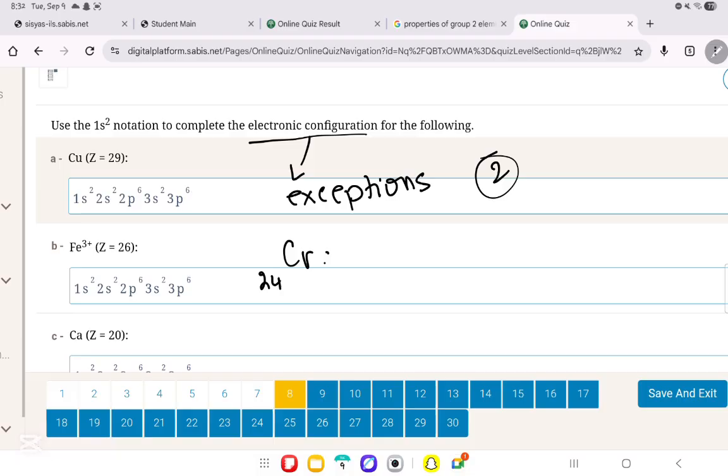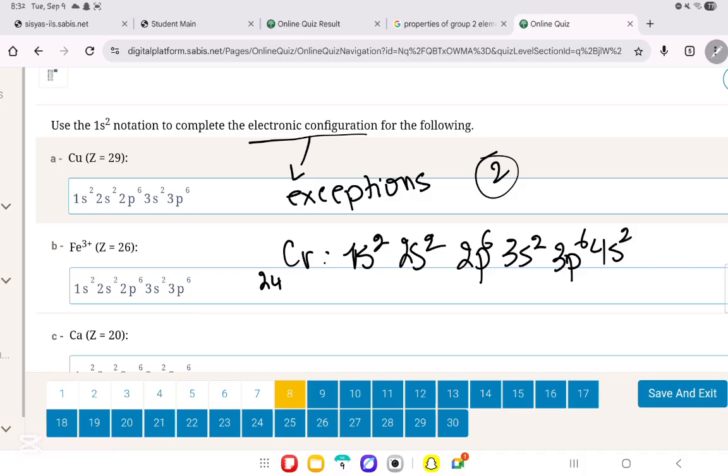So you're supposed to denote it by 1s2, 2s2, 2p6, this is already 10, 3s2, 3p6, 4s2, this is how much now? 20. Let me count. Yeah, it's 20. So let's go back and stop here. 3s2, 3p6. Then what do you put? You write 4s1, 3d5.